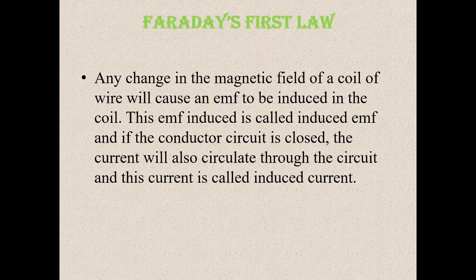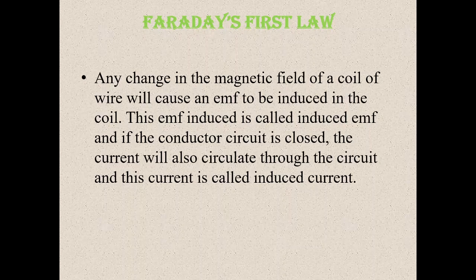So first of all, we'll see what is Faraday's first law. Suppose you have a magnetic field which is due to a magnet, and this magnetic field changes. If a coil is there, and if the magnetic field is changing, then EMF is induced in the coil.